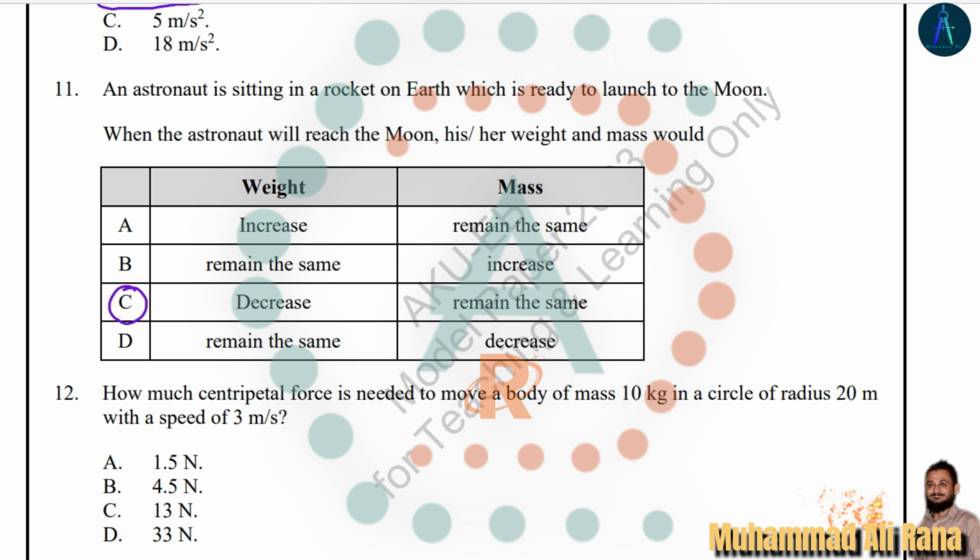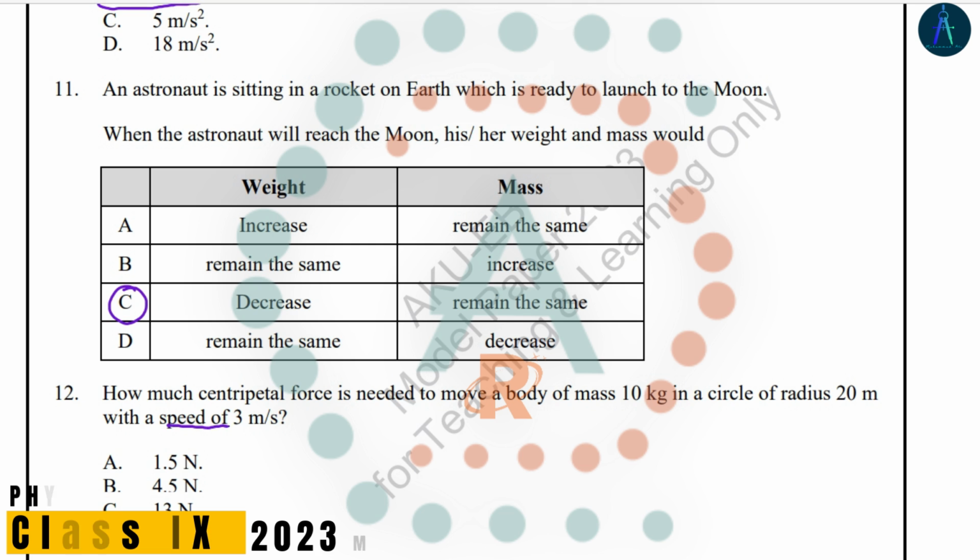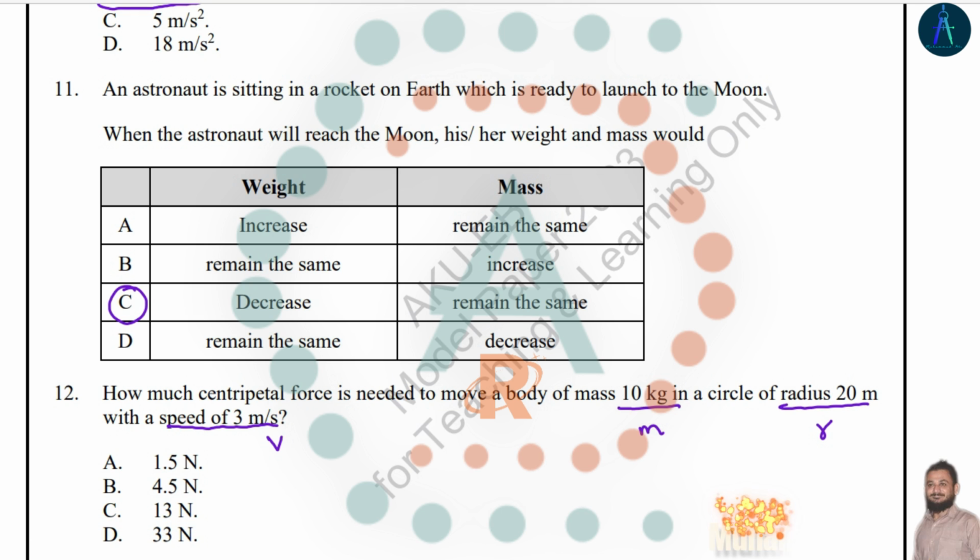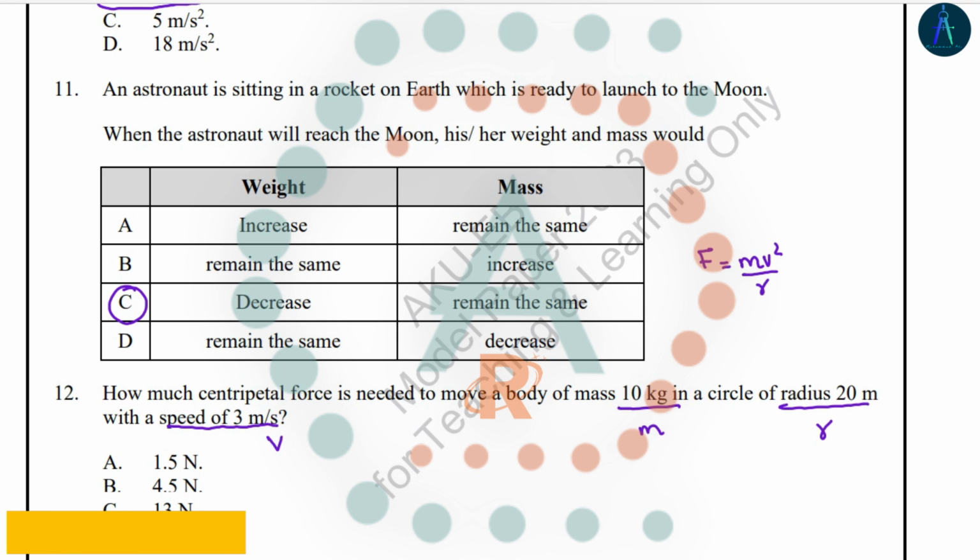How much centripetal force is needed to move a body of 10 kilogram in a circle of radius 20 meters with a speed of 3 meter per second? So we have got the speed, the mass, and the radius, and we have to find the centripetal force. Let's recall the formula: F equals mv square over r.